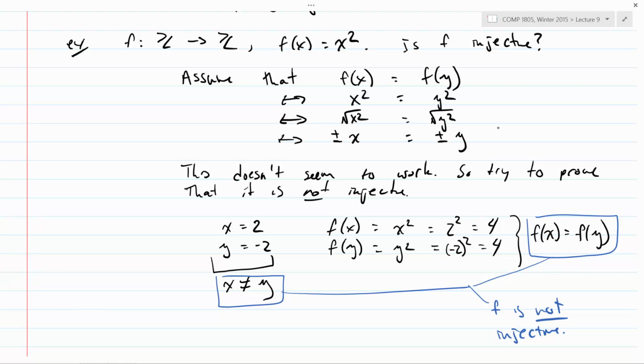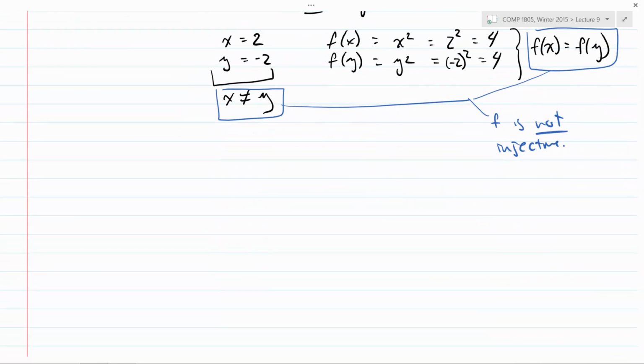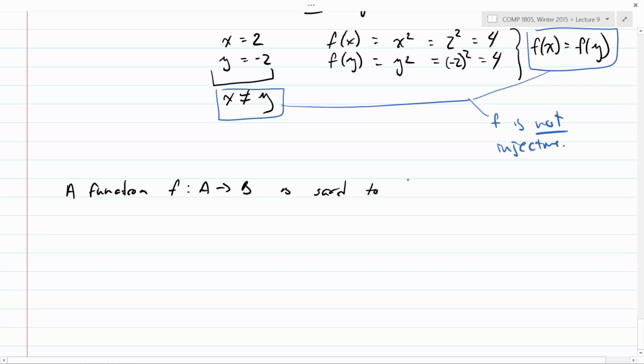All right, so let's move on to the next term, and that's the other one, surjective. So a function f from A to B is said to be surjective, and this is sometimes known as onto. So surjective goes with onto, injective goes with one-to-one.